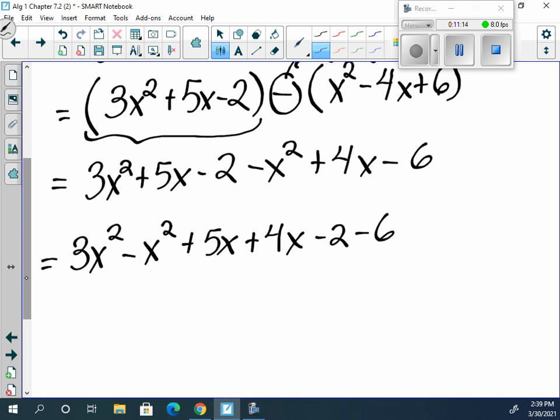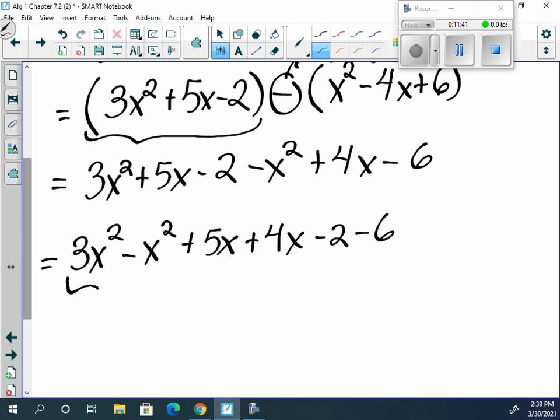Because when we subtract x squared, it's the same as negative x squared. When I subtract 6, it's the same as saying negative 6. Kind of see how that works there? Any questions on how we got to this here, or any of our signs?